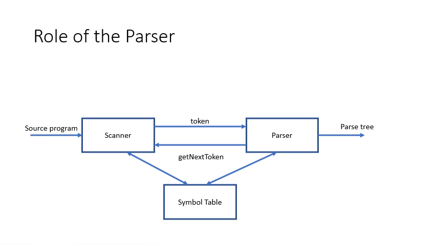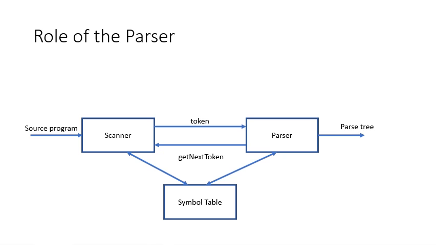Just like the scanner is fed with the regular expression, the parser is fed with the grammar rules of the language. It will compare the string of tokens with the grammar, and if it is correct, it will generate the output, which is a parse tree. If the word tokens do not match the structure, the syntax, then it will give an error.